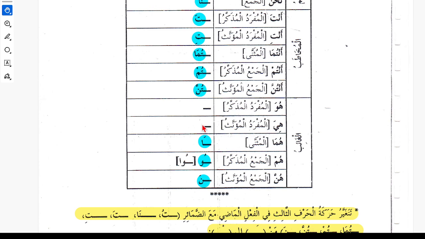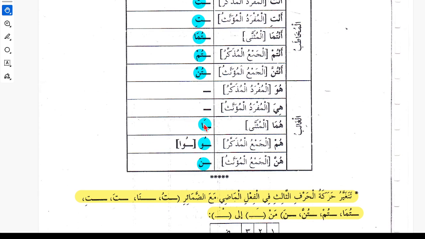The ta is representing that it is feminine, but it is not a visible pronoun. So dakhala and dakhalat won't have visible pronouns. Huma dakhala, if I add alif, then it becomes they both entered.